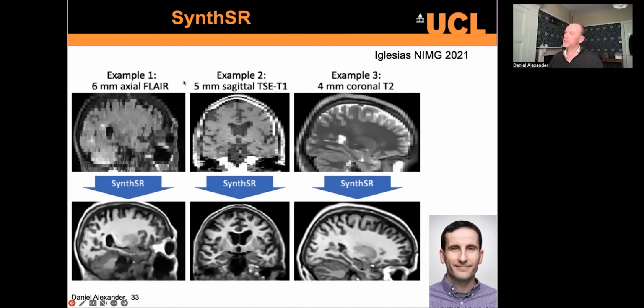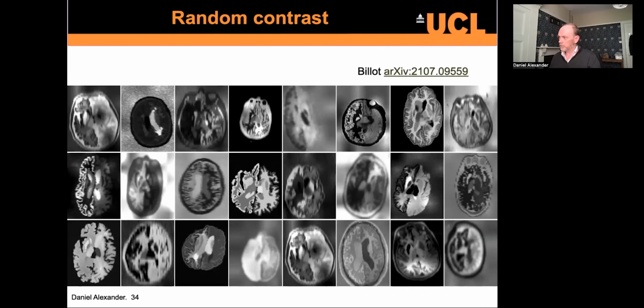The reason you might want to do that is that if you get a nice high quality MP-RAGE, it will pass seamlessly through various image processing pipelines, such as FreeSurfer, to generate the brain volumes that I referred to on the previous slide. So that's the aim of SynthSR, but under the hood it is quite a similar idea to image quality transfer, and works in a similar way.